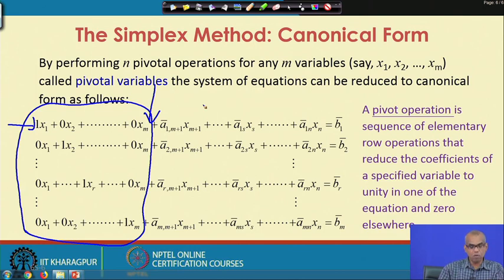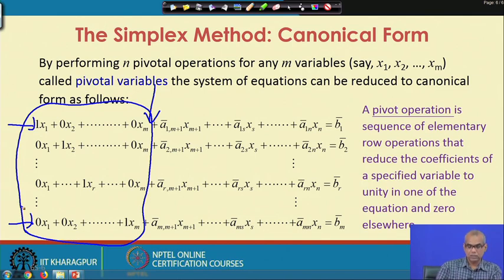In the canonical form, look at the x 1 to x m part of the set of linear equations. In the first equation only the coefficient of x 1 is 1, in the second equation only the coefficient of x 2 is 1 and in the mth equation only the coefficient of x m is 1. This is known as canonical form.